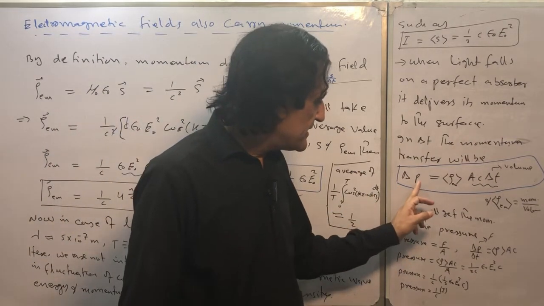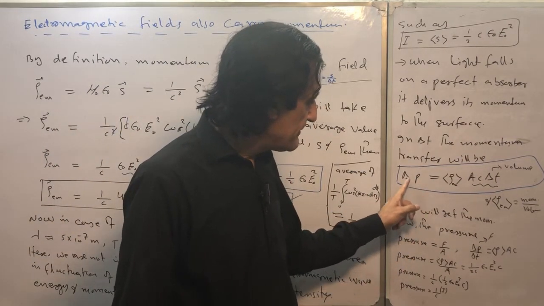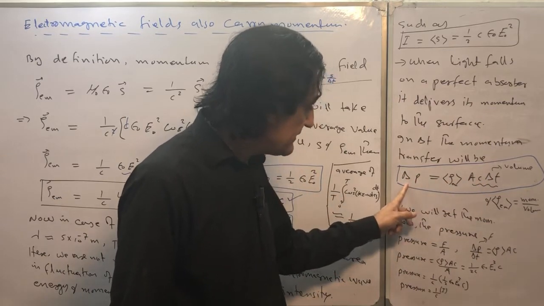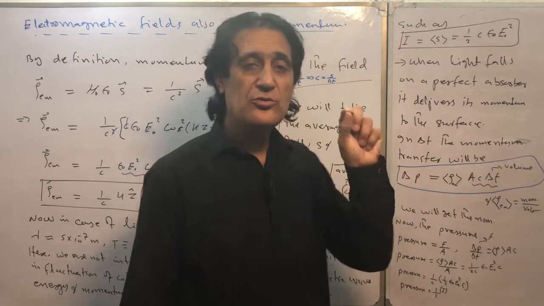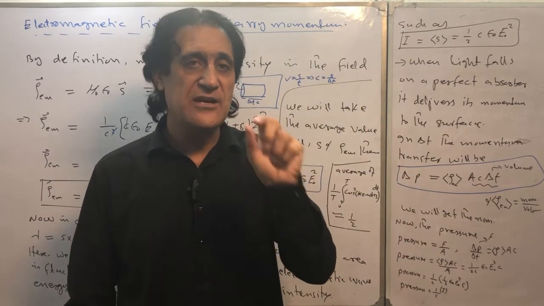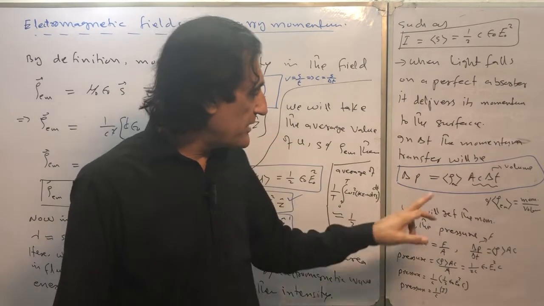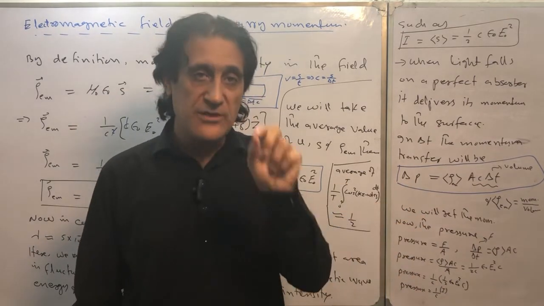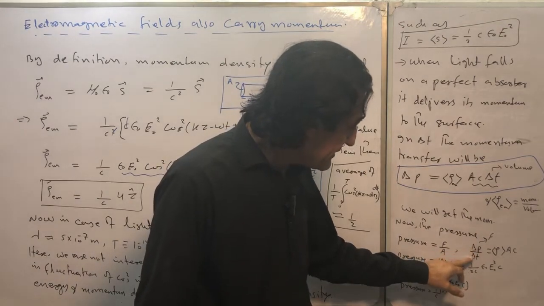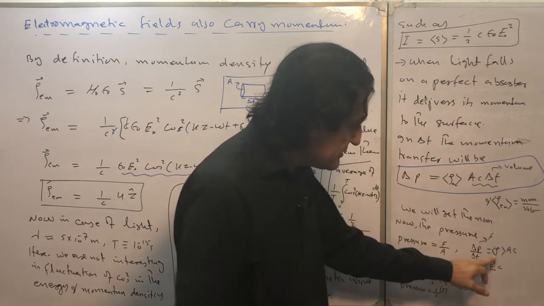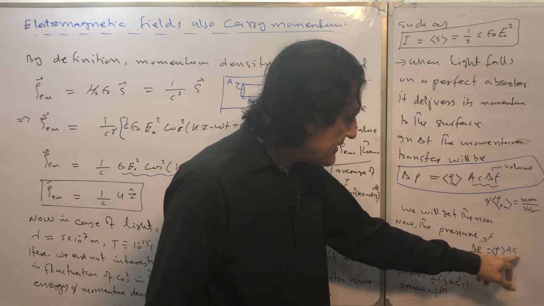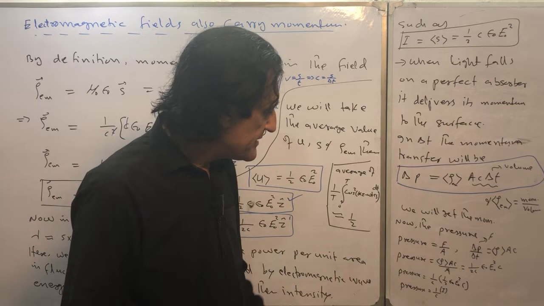From this equation, if we divide delta P by delta t, this is the rate of change of momentum, and the rate of change of momentum we know is equal to the force. So I have written delta P divided by delta t from this equation, which is equal to rho A c, where rho is the density, A is the area, and c is the speed of light.